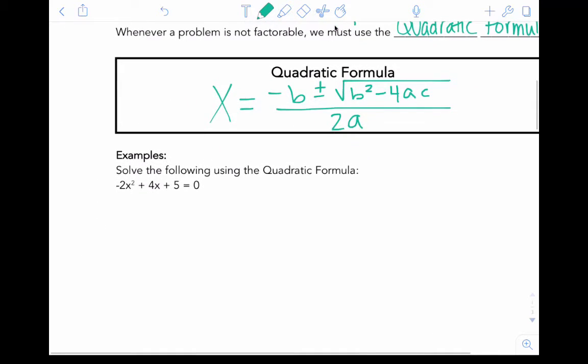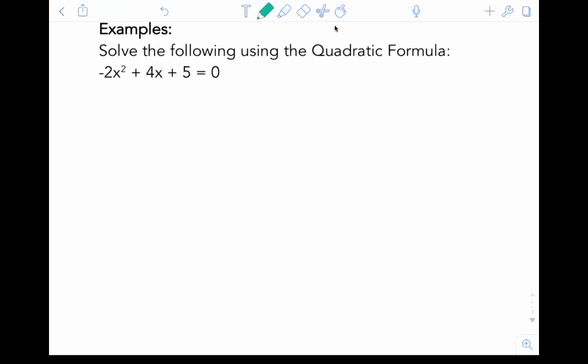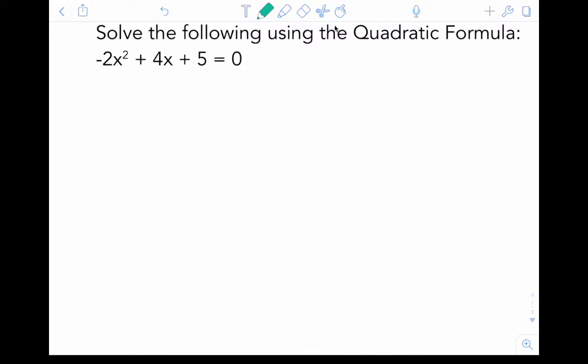So when we go to this first example here, negative 2x squared plus 4x plus 5, first of all, I want you to write out what your a, b, and c are. So on this problem, the a is negative 2, b is 4, and c is 5.